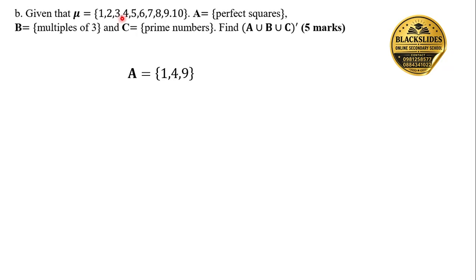Another one is 4. 4 is obtained by raising the number 2 to the power 2. It's like 4 is 2 to the power 2. Similarly, 9 is 3 to the power 2. So these are called squares. 1 is 1 squared, 4 is 2 squared, and 9 is 3 squared. So these are called perfect squares.